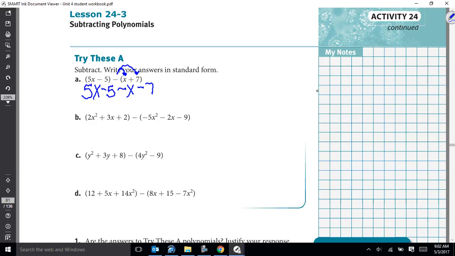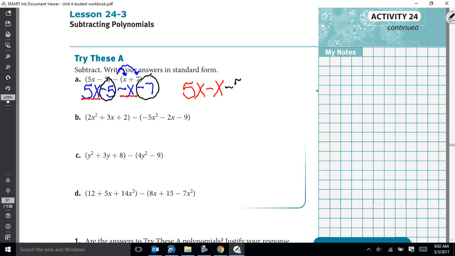So now we're going to group just like we did before. We have 5x minus x, and now we're going to group our numbers.